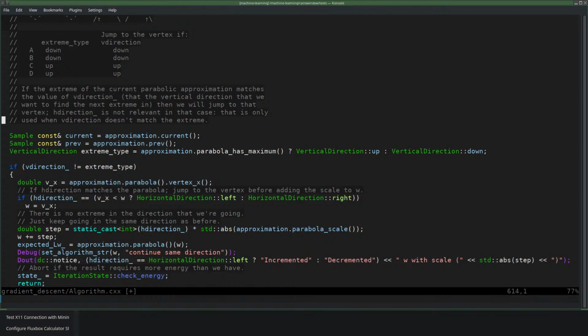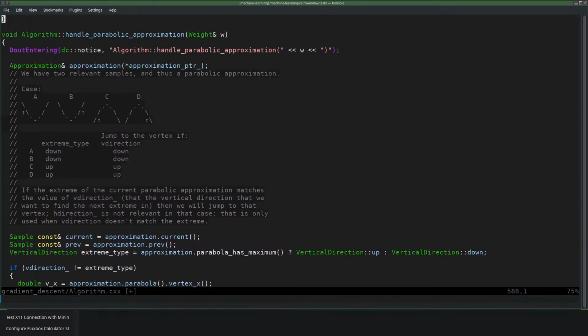Getting the feeling that I have to redo all of this code in the parabolic approximation. That can't be good.